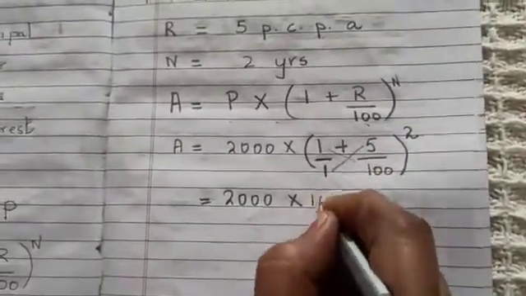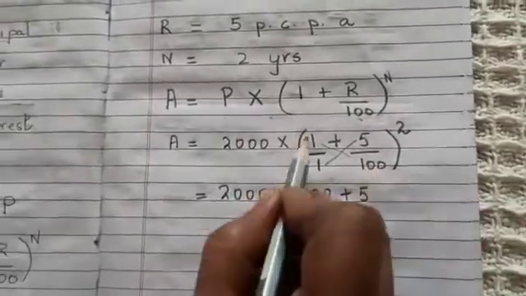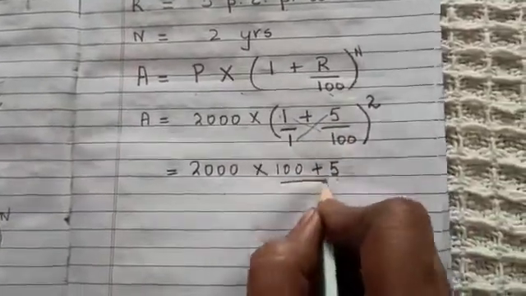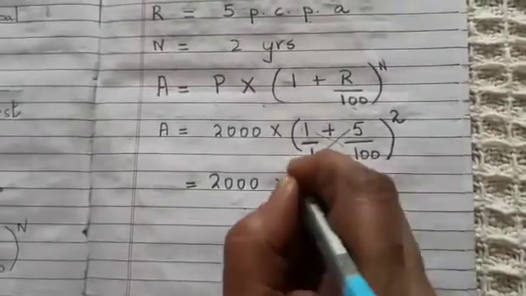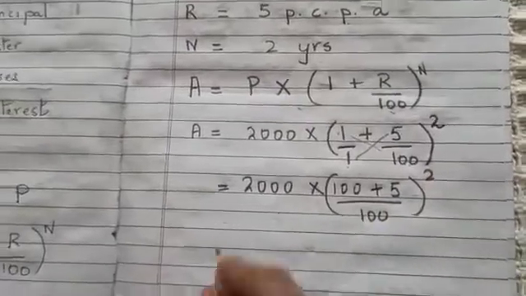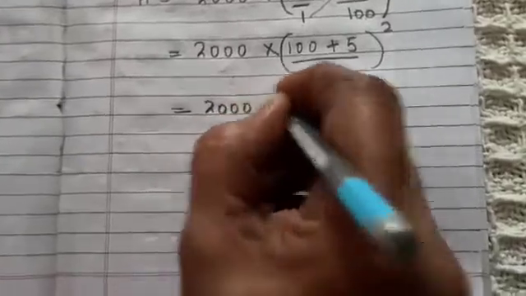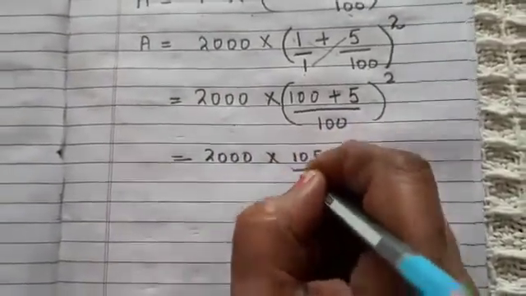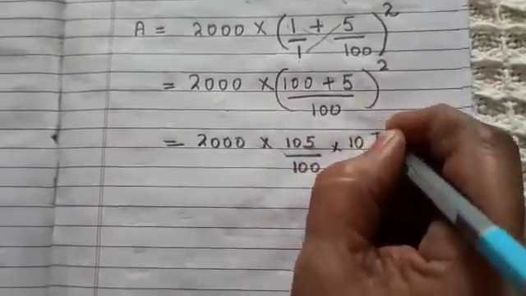You get 100 plus 5 upon 100. 100 into 1 is 100. 1 into 5 is 5 upon 1 into 100 is 100. The whole raised to the power of 2. So that is equal to 2,000 into 105 upon 100, raised to the power of 2. That's why we are putting it twice.